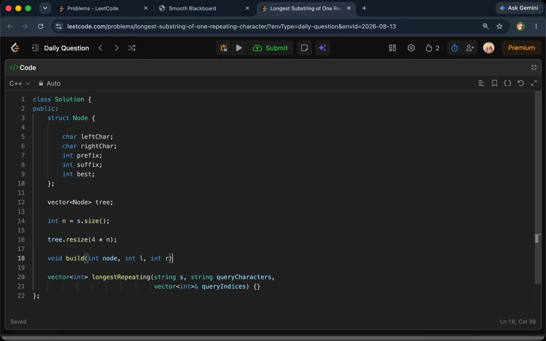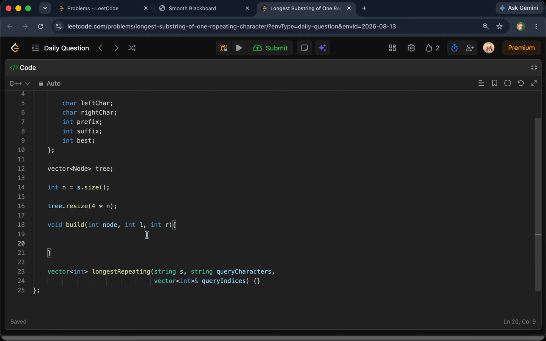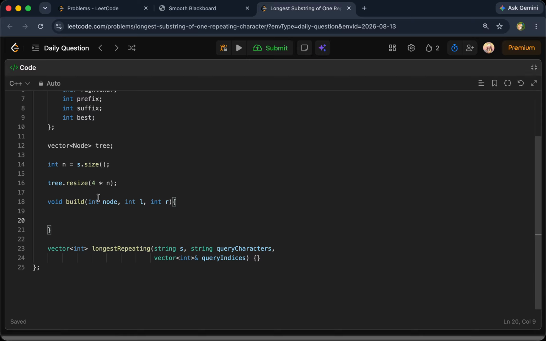Okay, so do not worry about the three variables here. Node means which tree node we are working on. L means the left boundary of the segment, and R means the right boundary of the segment.